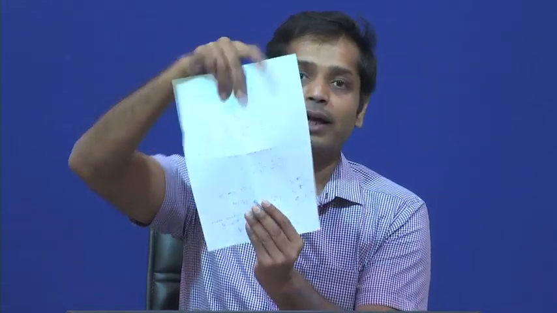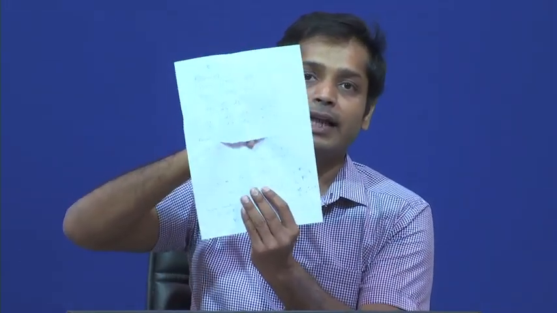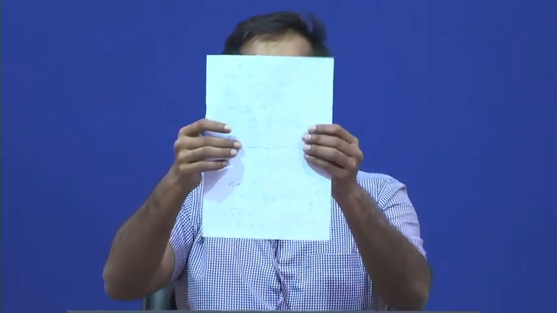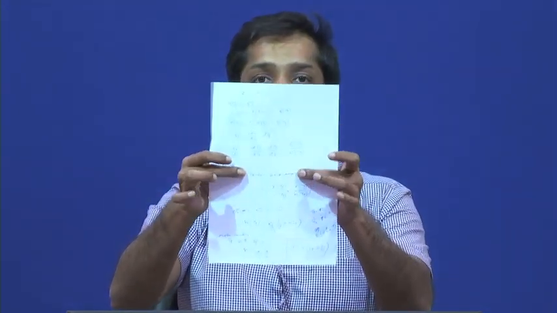But if your crack is like this, and you apply a load, then at this point and at this point, the tip of the crack, the stress becomes infinite.